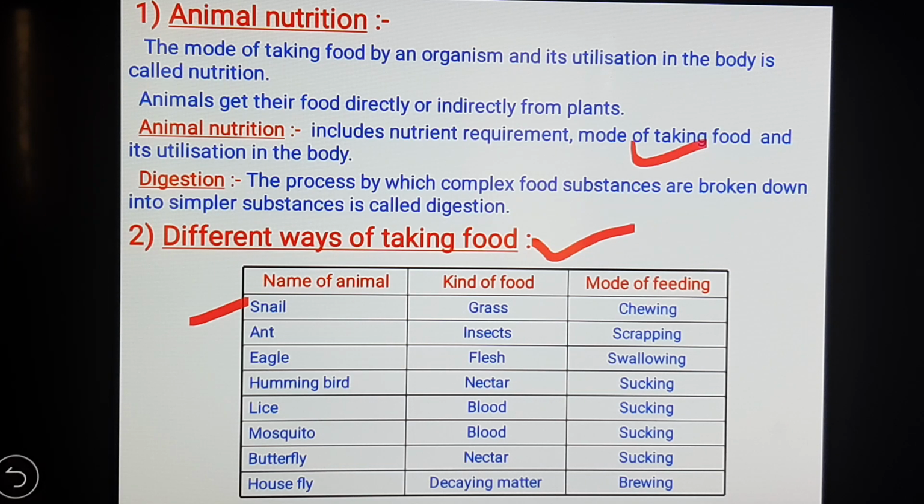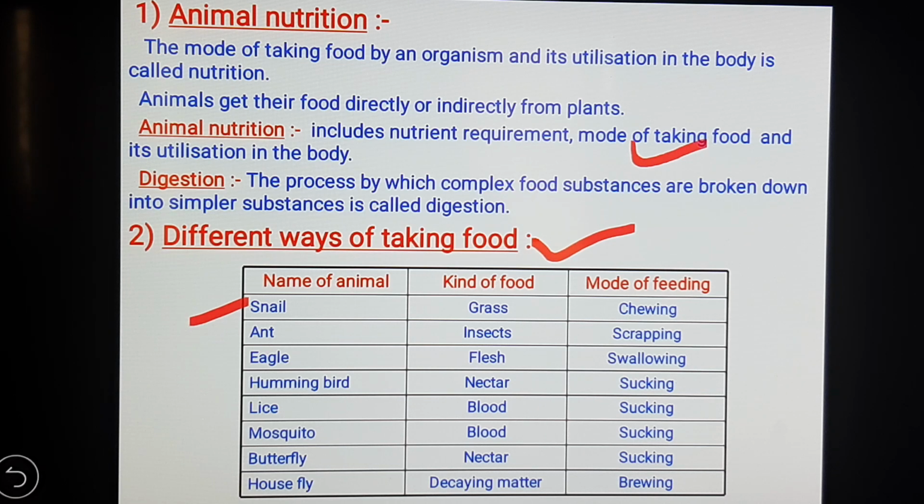Then eagle, kind of food flesh, mode of feeding swallowing. Hummingbird, kind of food is nectar and the mode of feeding is sucking. Then for lice and mosquito, the kind of food is blood and the mode of feeding is sucking.